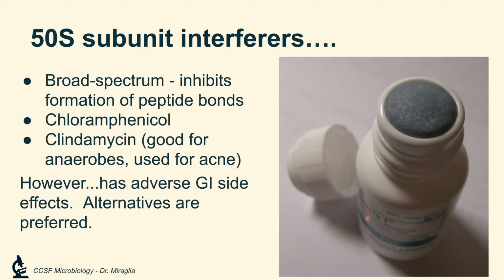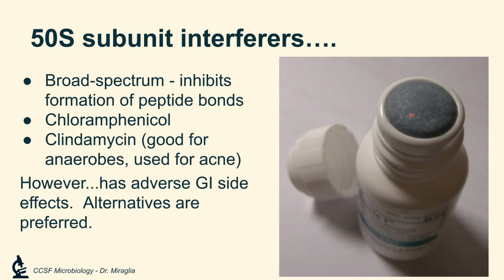Another 50S subunit interferer is clindamycin. People are often familiar with this because it's used so commonly to treat acne. This is Cleocin T, the brand name of clindamycin, and this is a little pad that absorbs the clindamycin. You pat it on your skin.